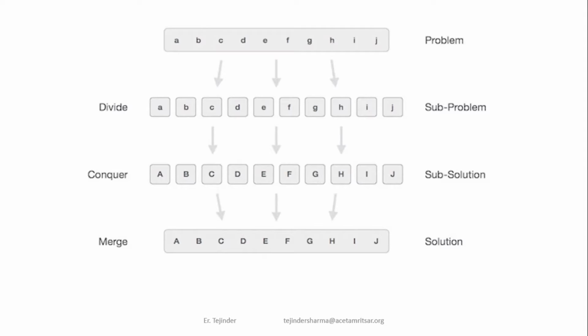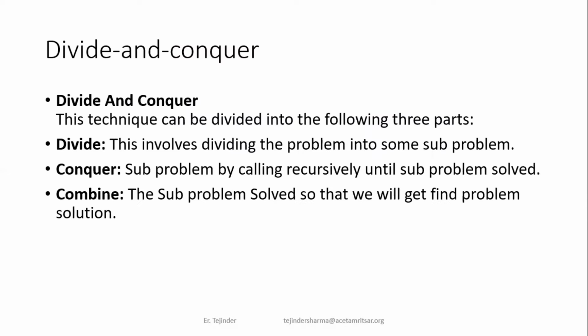That means capital A, B, C, D, E, F, G, H, I, J are the sub-solutions of the subproblems. Finally, these sub-solutions are merged to get the final solution. First we divide, then we find the solution to each of the subproblems, and then we combine all the sub-solutions to form the final solution.